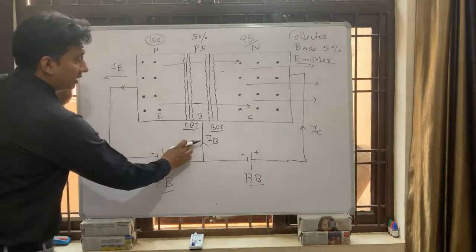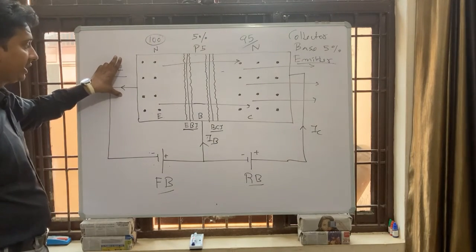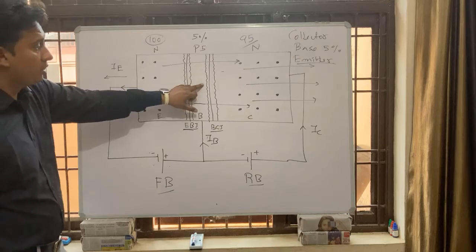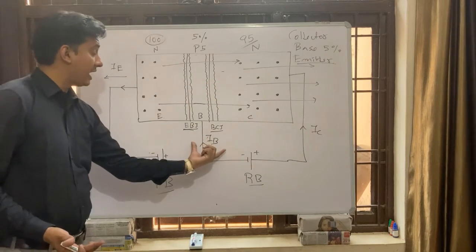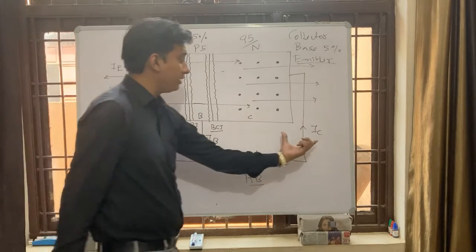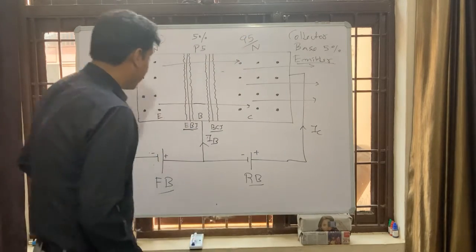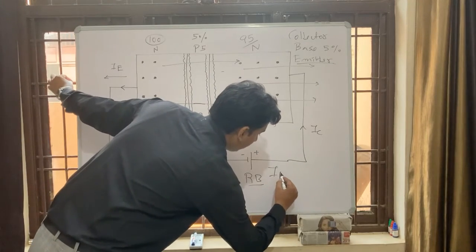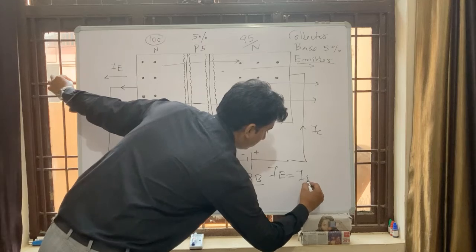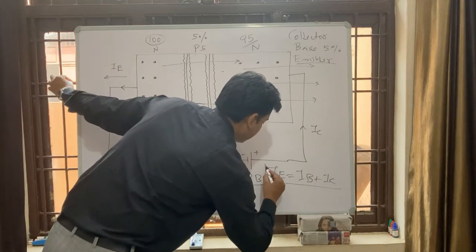IB plus IC: 100 here, 5 here, and 95 coming here. So which current will be the smallest? IB. After that, which current is larger? The 95% one, that will be IC. So what will the equation of current be? The equation of current will be IE is equal to IB plus IC.